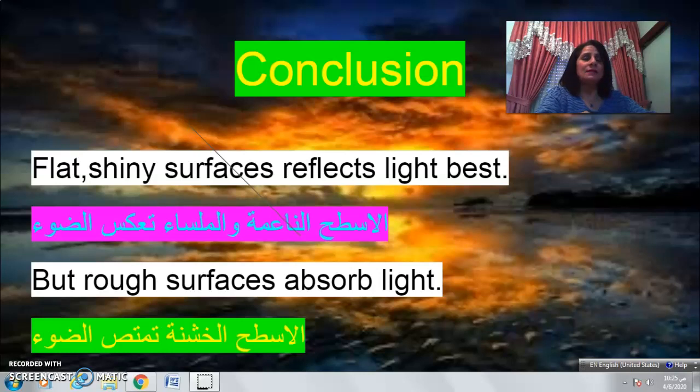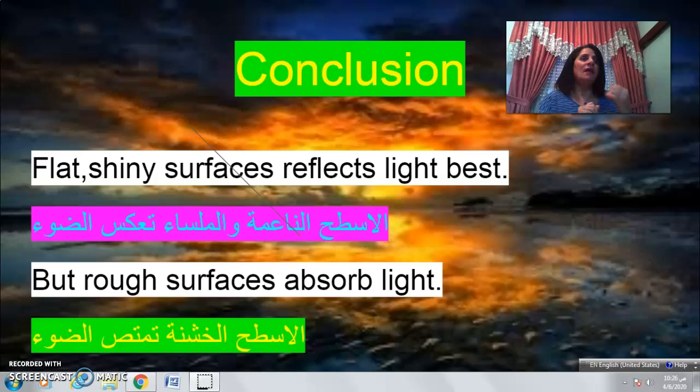Conclusion. What can we conclude from the whole lesson today? Flat, shiny surfaces reflect light best, like gold or the shiny lid of a can.